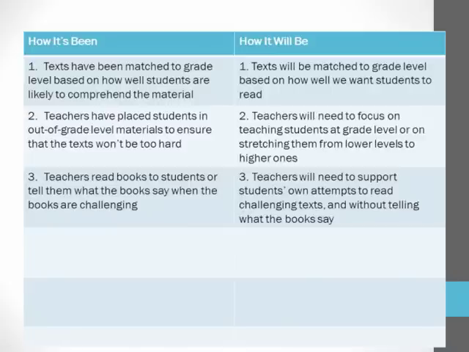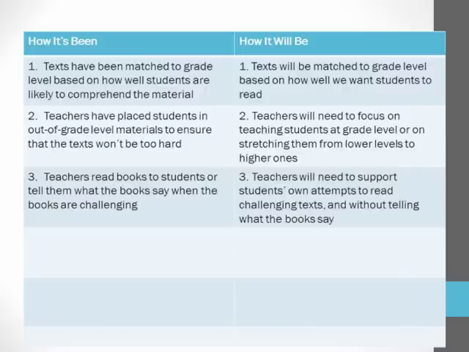Okay, another shift. When books are challenging for kids, when for whatever reason the book was harder than you thought, or you're not able to group when you work with the science book, teachers often come across situations where the kids really are struggling with the books.